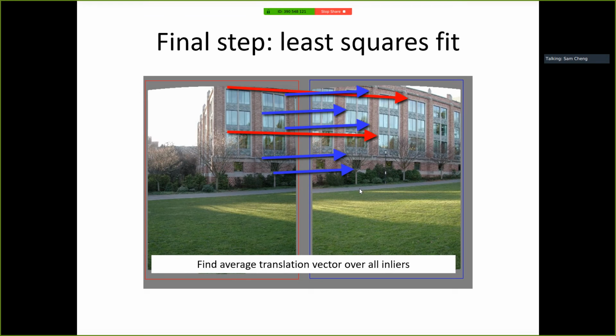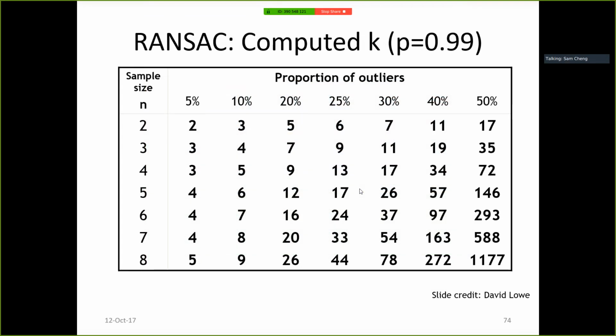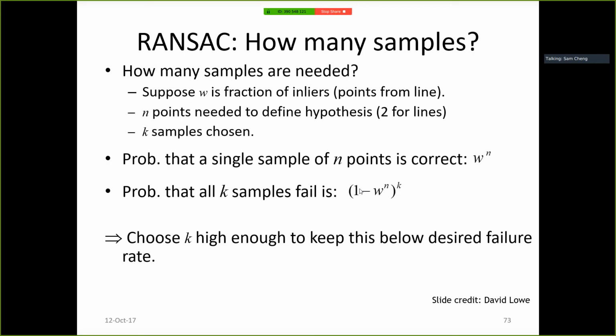If I want my model to have 99% accuracy, then I need 1 minus (1 minus W^N) to the K to be larger than 0.99.